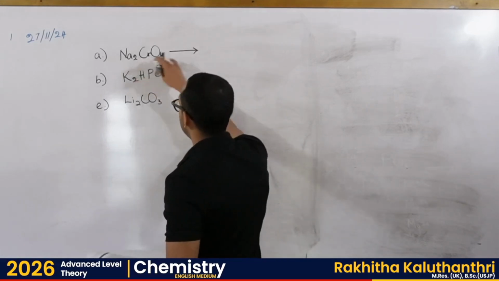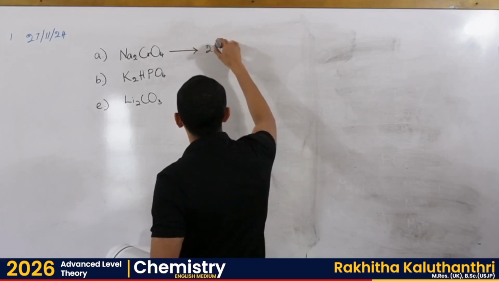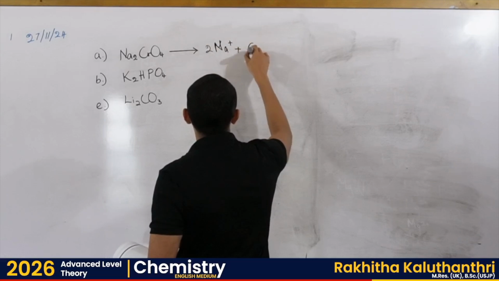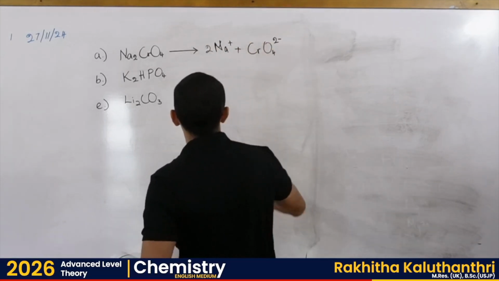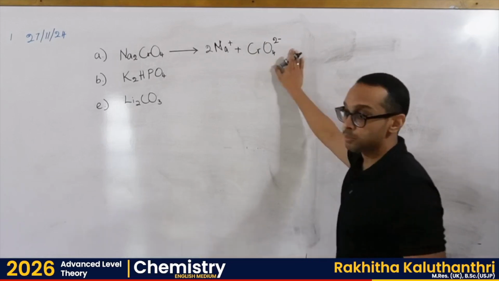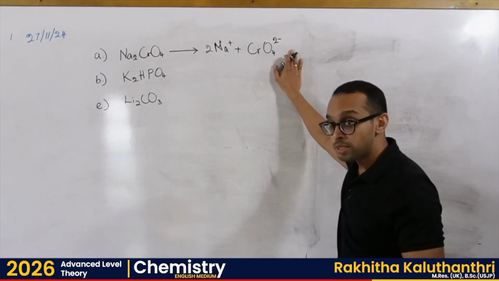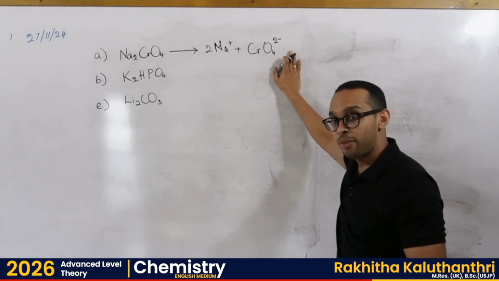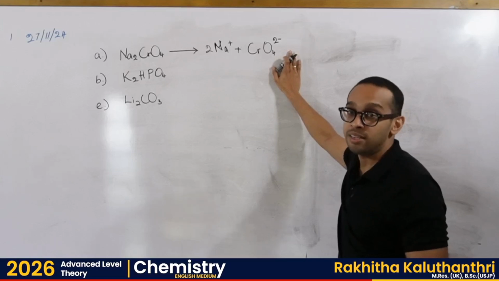So this is a chromate ion. Basically what we have is two sodium 1+ ions with one chromate ion. Now you don't have to write it like this. The reason why I am expanding on this is that when you're writing the name of the ionic compound, we always write the name of the positively charged ion, and then we leave a space and then write the name of the anion.